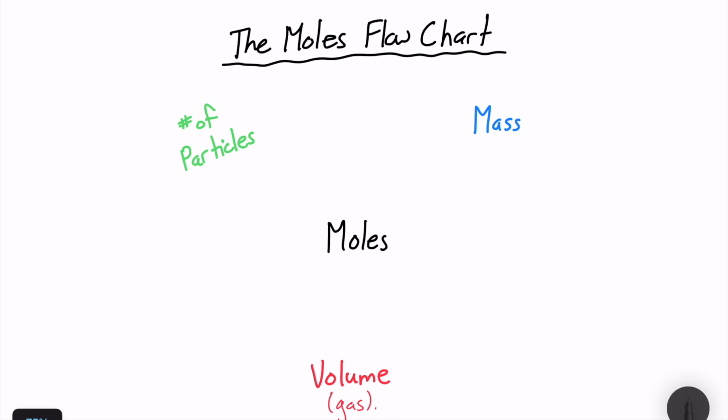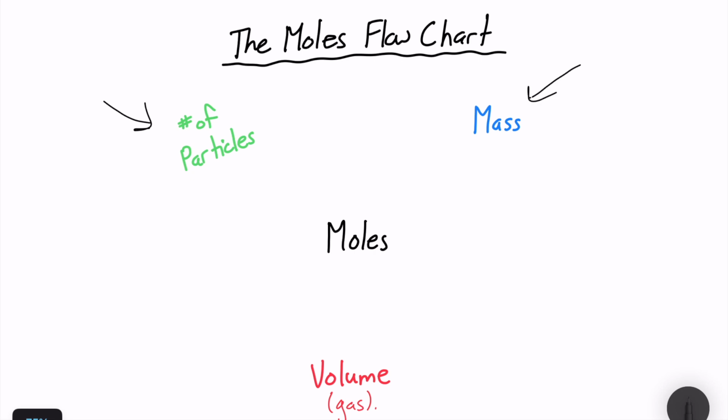Today we are going to be discussing the moles flowchart. So if you are in a science class right now and you're discussing moles, you've probably seen this or something similar to it. Okay, so we know that if we have a quantity of moles, we can find the number of particles of that substance, whether it's atoms or molecules.